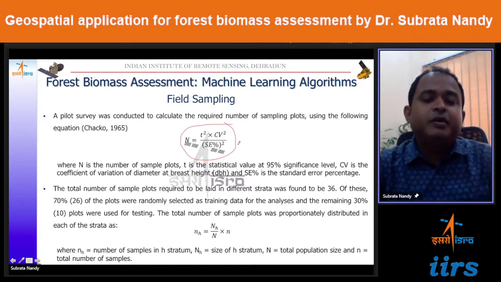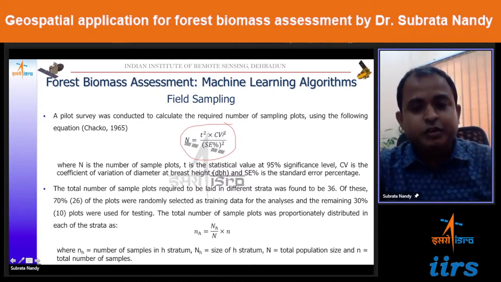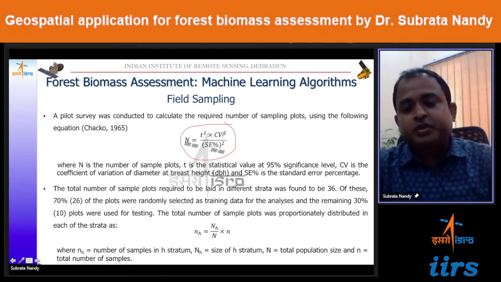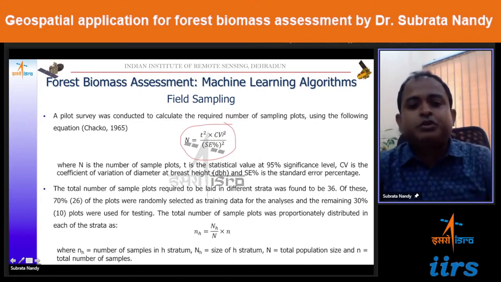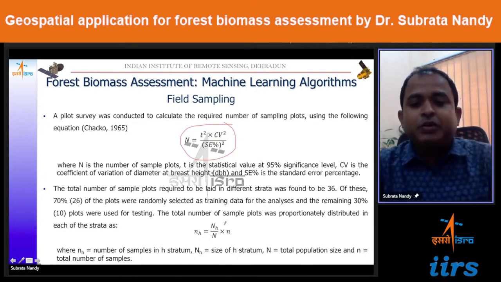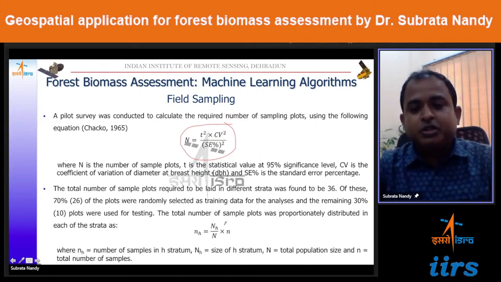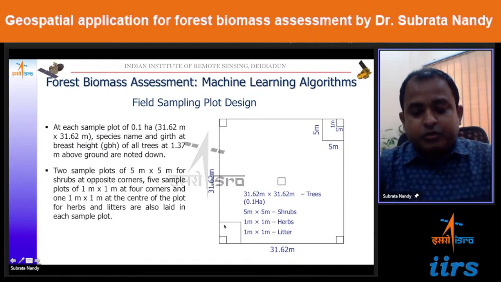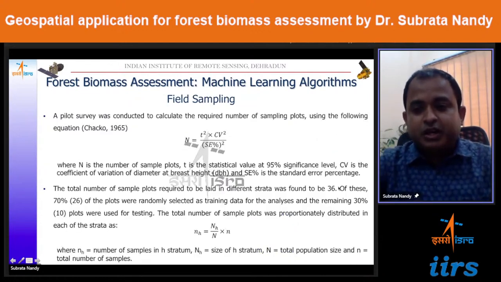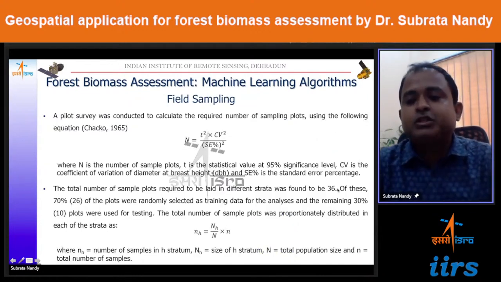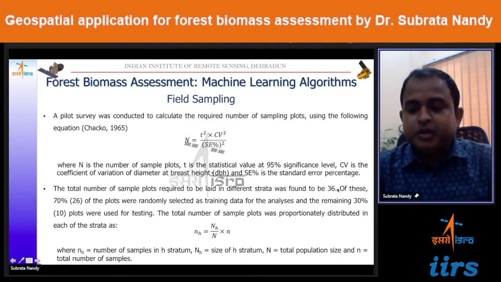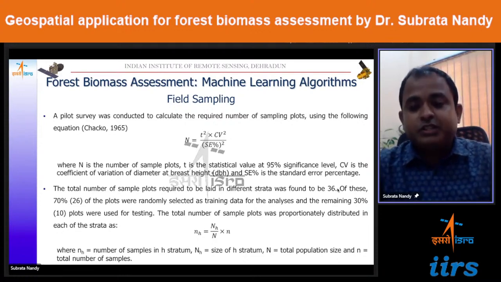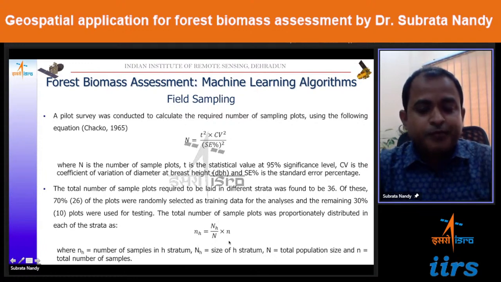We did a pilot survey to get the value of the coefficient of variation. Here we have taken diameter at breast height; biomass value can also be taken. Ultimately we distributed the sample plots in different strata based on area proportion. In this case we identified that 36 plots are required for this study. So where to lay these plots, we are clear now.